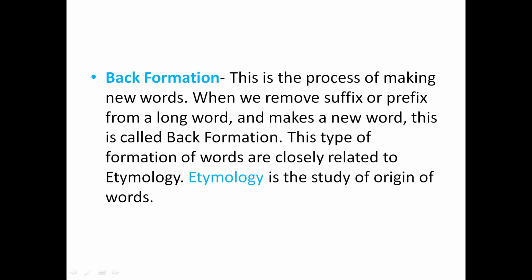This type of formation of words is closely related to etymology. What is etymology? Etymology is the study of the origin of words.